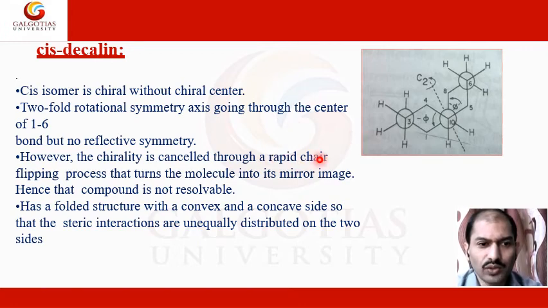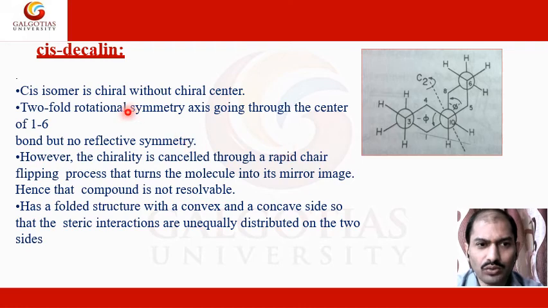So by putting it in a Newman projection, you can have a different arrangement of the atoms. You can check this with the particular type of cis decalin we are talking about. So the cis form can be converted into different conformations.